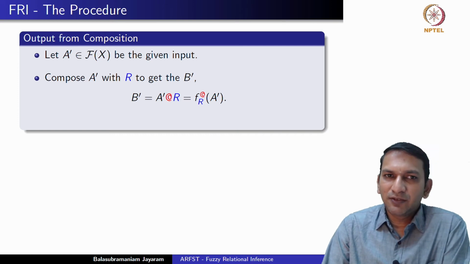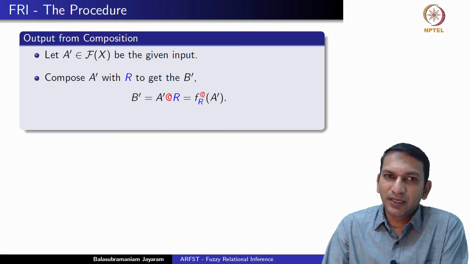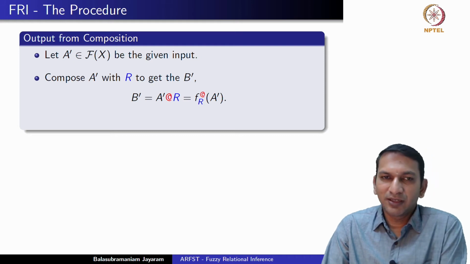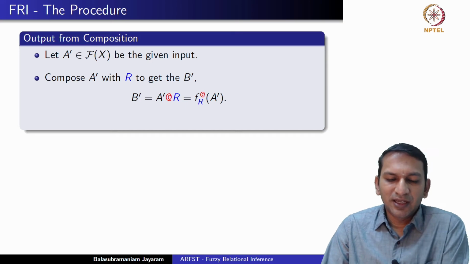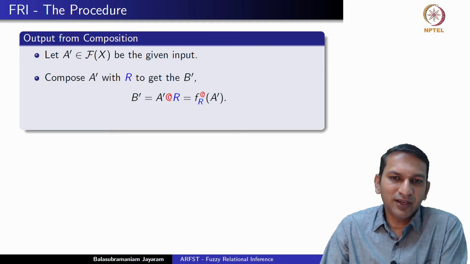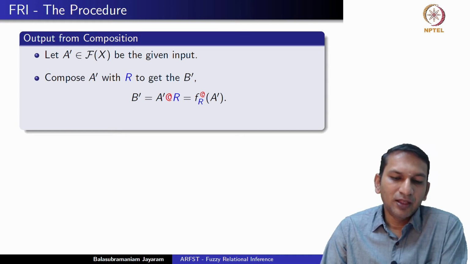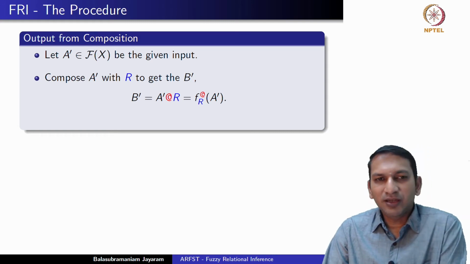Since we said that a fuzzy inference mechanism can be looked at as a mapping between fuzzy sets F(X) to F(Y), we could also denote it like this: FR at A'. Look at this, A' is in fact a fuzzy set on X, and what we are getting is a B' which is a fuzzy set on Y through a relation and a composition.